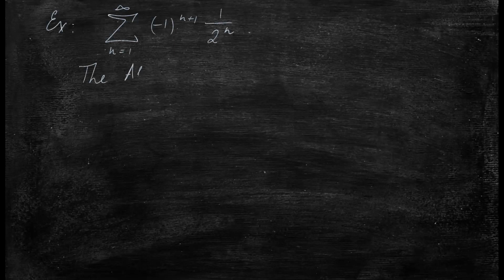All right, let's try another example. We have another alternating series. And we're going to run the alternating series test, and we're going to verify all the conditions. Again, why are we running this test? Because we recognize the alternating series.